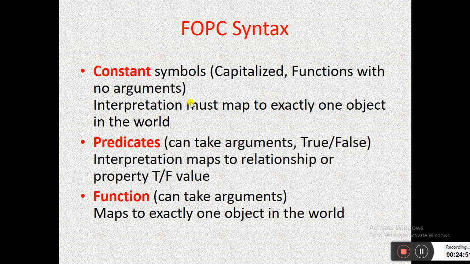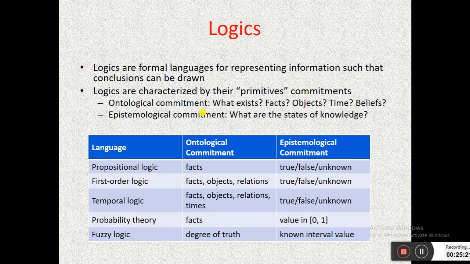So here is some knowledge about first order logic syntax. Constant symbols are capitalized functions with no arguments. Predicates can take arguments and are true or false. Interpretation maps to a relationship or property. Functions can take arguments. So these are constants, predicates, and functions. So dear students, we have discussed here the logics.